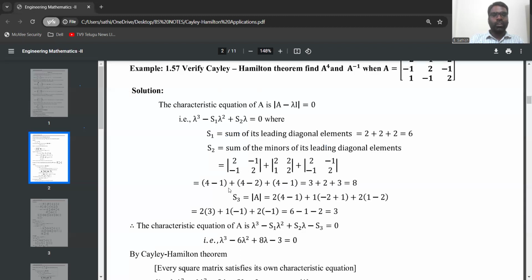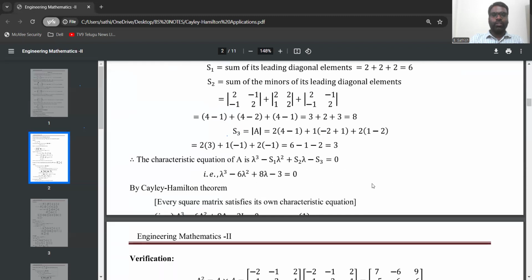So we get 3 from the first part, plus 2 from the second part, since 4 minus 2, and 3 from the third part, 4 minus 1. So the sum of 3 plus 2 plus 3 is 8. So we are getting s2 value 8.